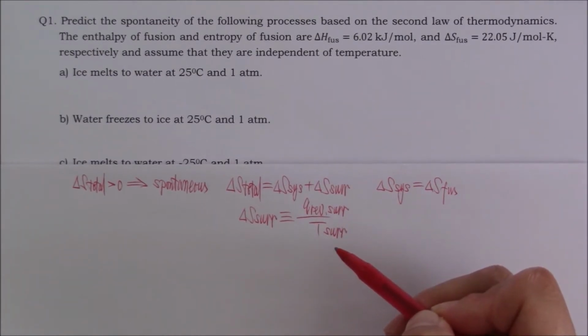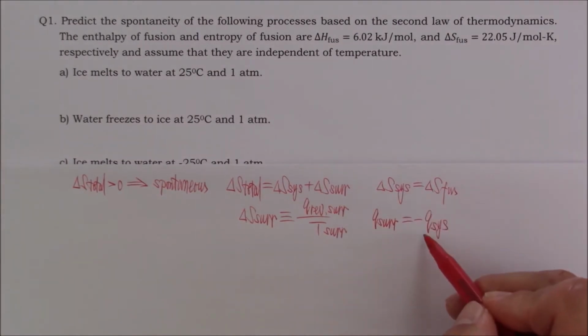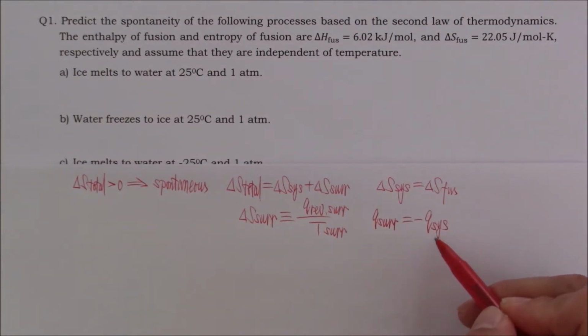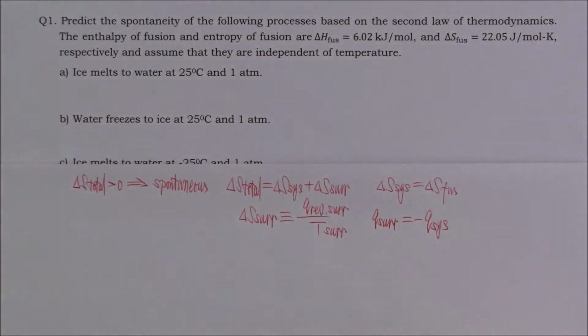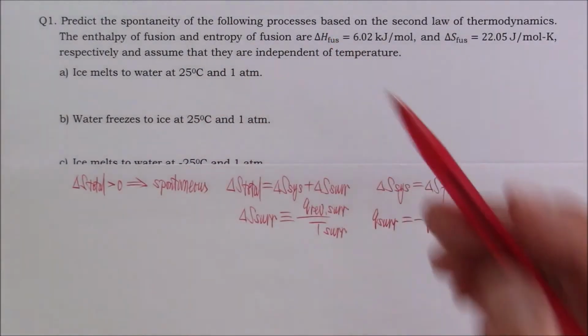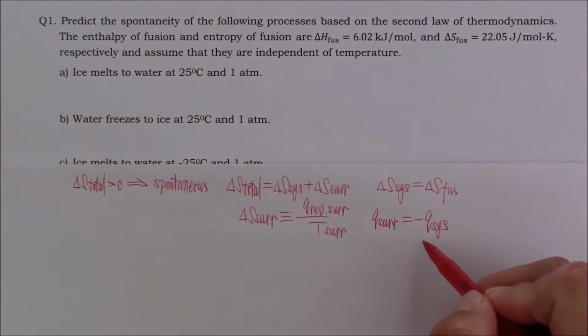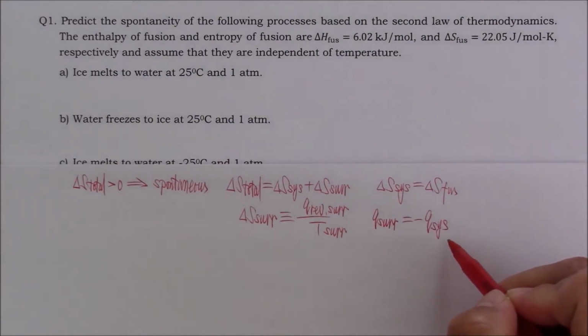If there's no heat loss during this process, the Q system should be equal to negative Q surroundings. The Q system is the heat at constant pressure of the system, which should be equal to delta H of the system. Therefore, Q system is Q fusion is delta H fusion.